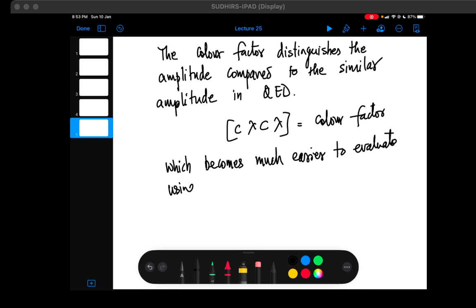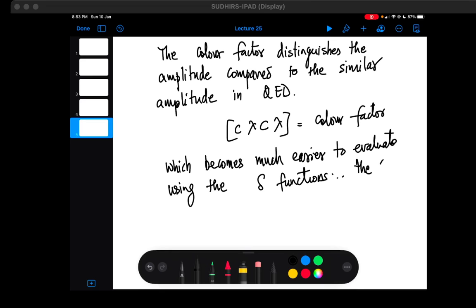Normally these are given in terms of Kronecker delta functions, because you notice that the incoming color is always conserved, and the outgoing color is always conserved.